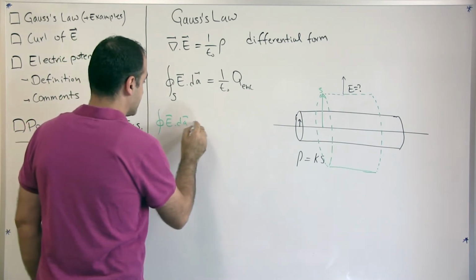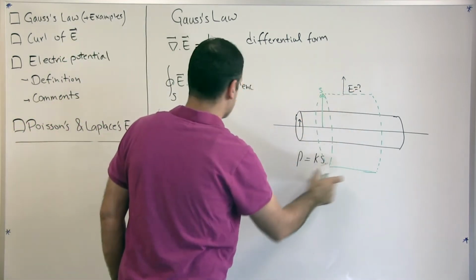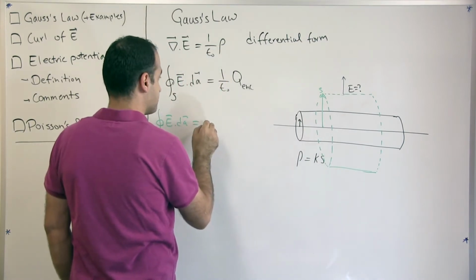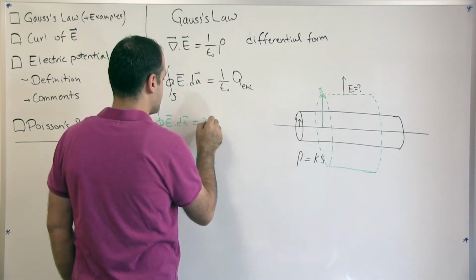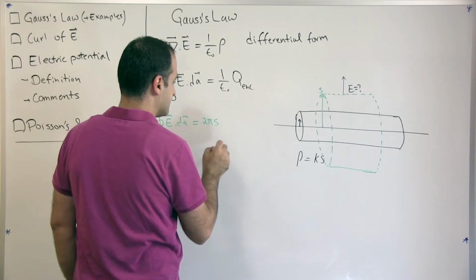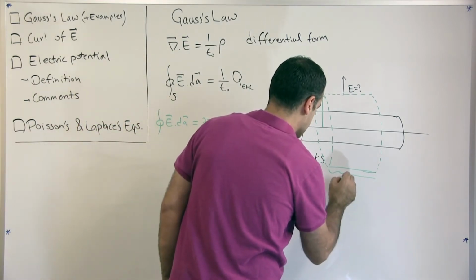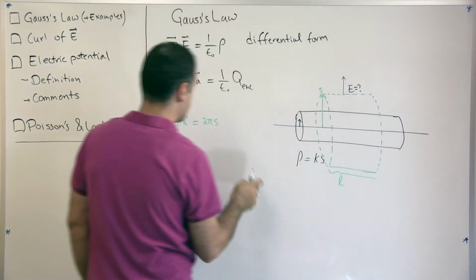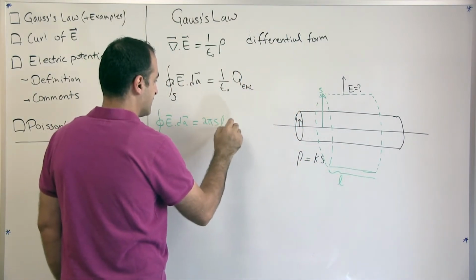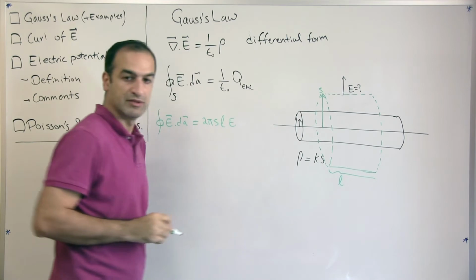Okay, so if we do E dot dA on the surface of the green cylinder here, what we get is 2 pi s times, we need to choose a parameter for the length of this cylinder, L, times E, okay?